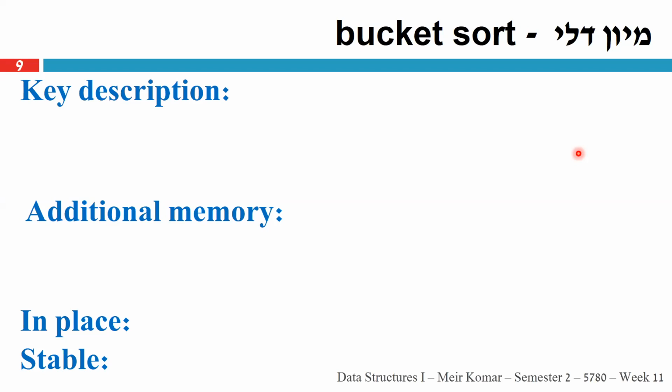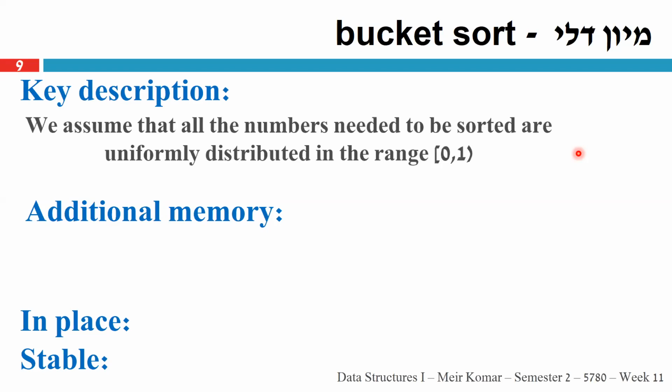To become linear, it's going to need a very specific type of key, as we saw, because we don't want to do it according to comparisons. So we're going to assume that all the numbers are decimal numbers between 0 and 1, not including 1.